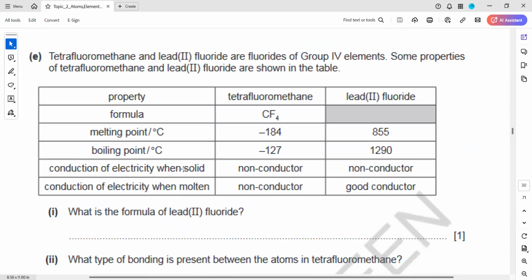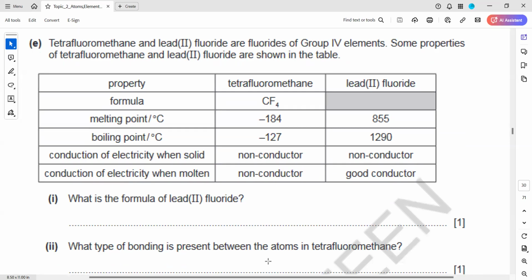Tetrafluoromethane and lead-2 fluoride are fluorides of group 4 elements. Some properties of tetrafluoromethane and lead-2 fluoride are shown. What is the formula for lead-2 fluoride? Lead is Pb, because it is +2.